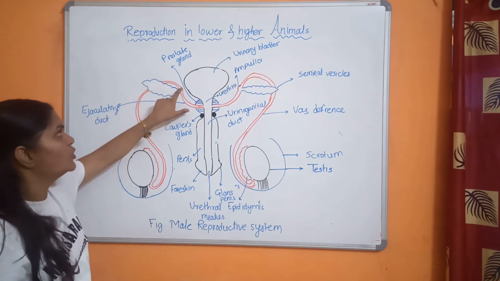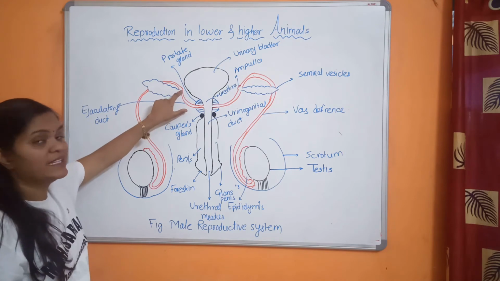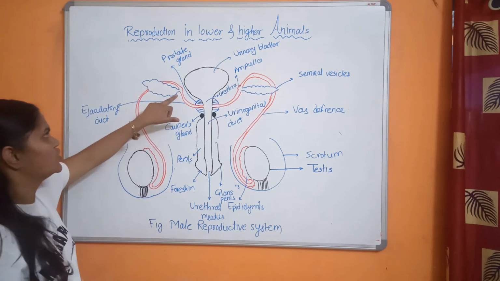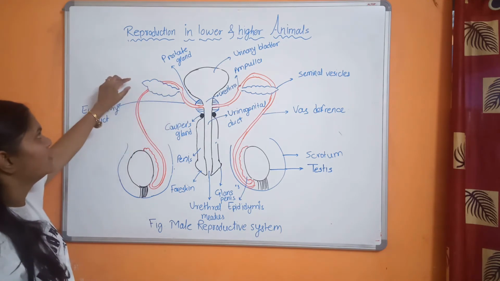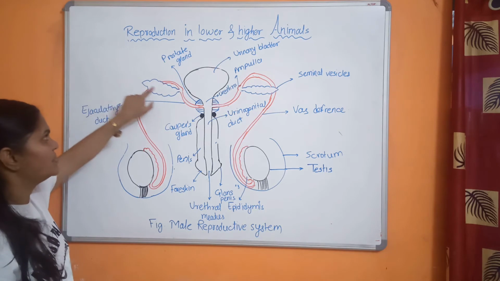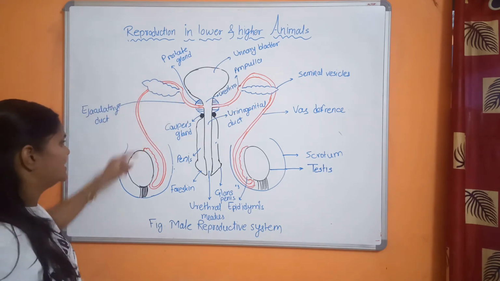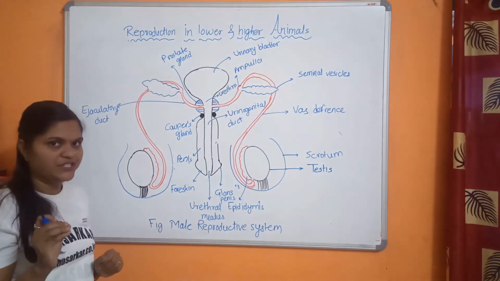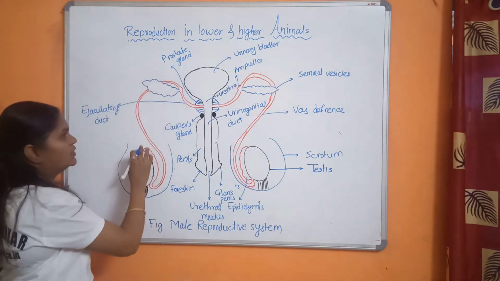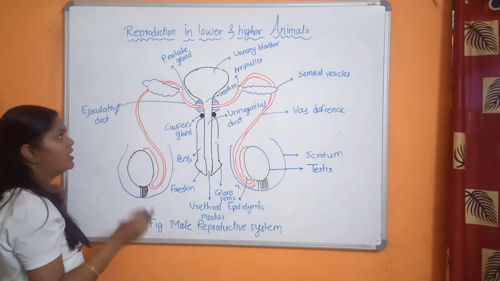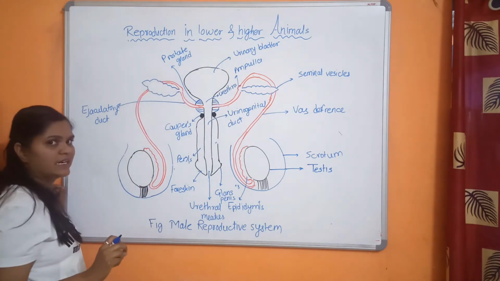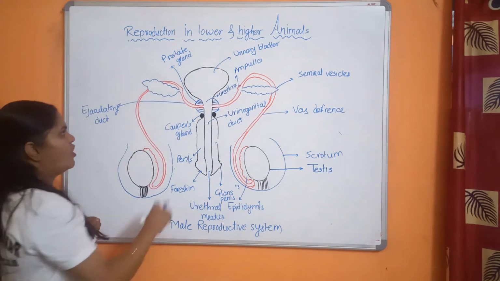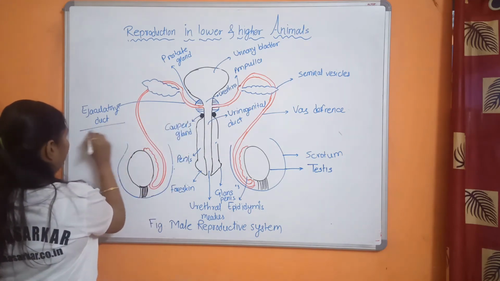The swelling part of the vas deferens is called the ampulla, in which the duct of the seminal vesicle also opens. So this is the vas deferens, and the vas deferens has an ampulla region. Then these two ducts combine and form one common ejaculatory duct.